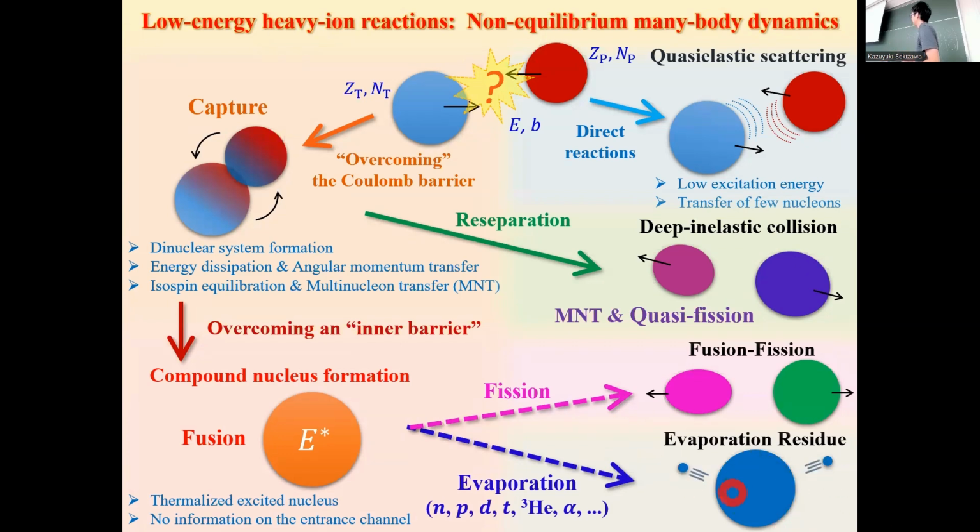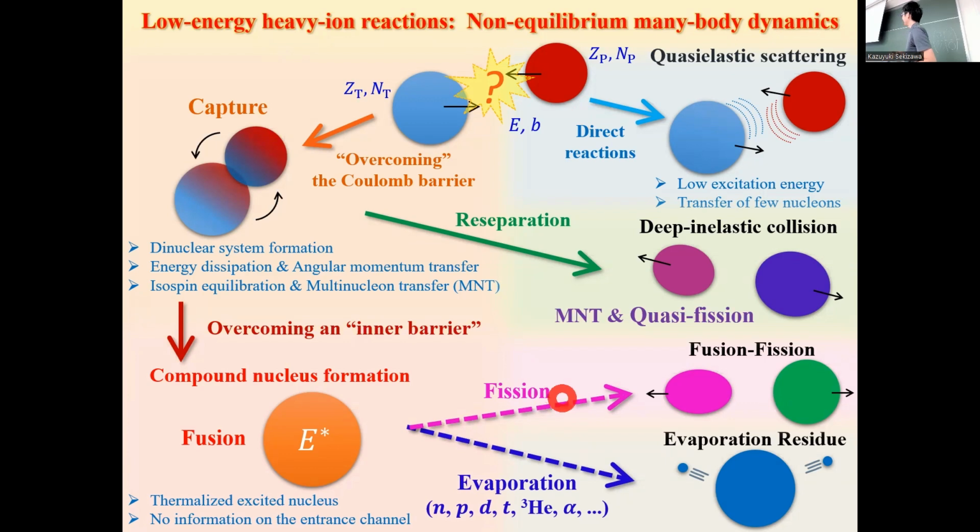So this is not all the processes emerging in low energy heavy ion reactions, but depending on the incident energy, the impact parameter, and the combination of projectile and target nuclei, a lot of reaction processes appear.